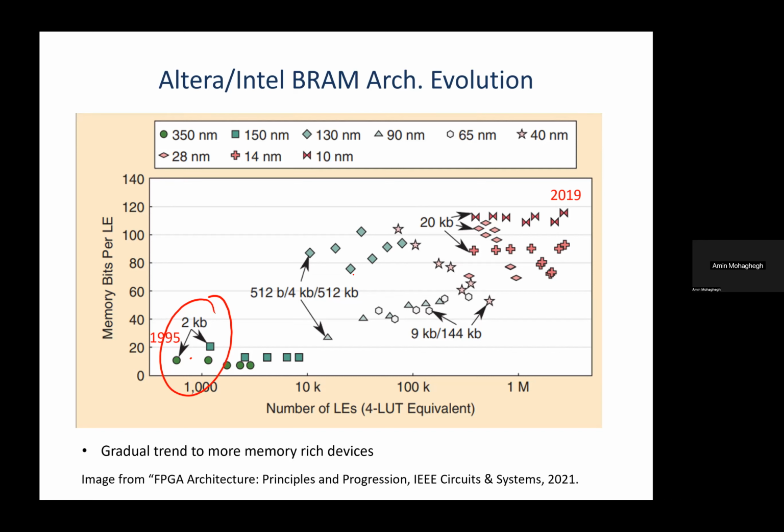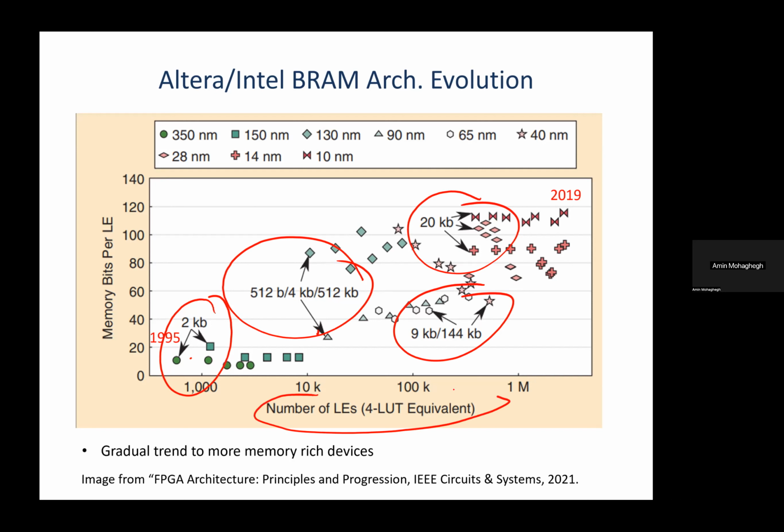Then this chip had 3 different kinds of RAM, then 2 different kinds of RAM in Stratix 4, then Stratix 5 and beyond are back to 1 kind of RAM. Most recent chips put in a really big one again. So you often see mixes of RAM sizes, but then sometimes they converge to one in the middle. So there's no general agreement on that.